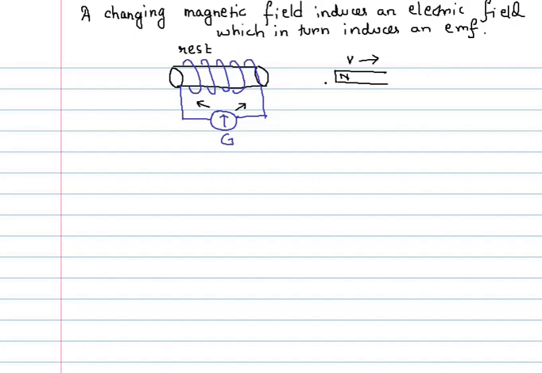Similarly, if I bring the south pole of the magnet towards the coil instead of the north pole, the deflection will be exactly opposite to what happened with the north pole. So when I take the south pole of the magnet away, the deflection will be towards the right.